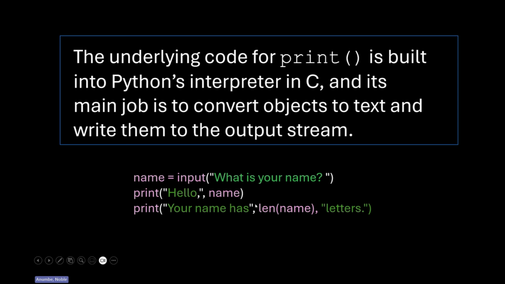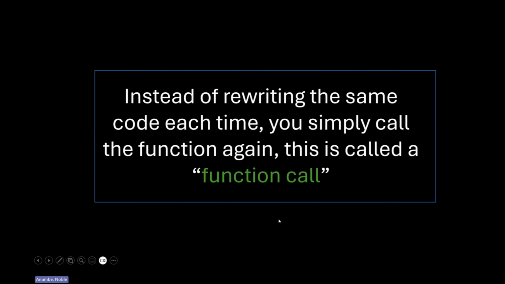But how does it find this out? It's a function that just goes back there and does what it does. So instead of rewriting the same code each time, you simply call a function again, and this is called a function call.